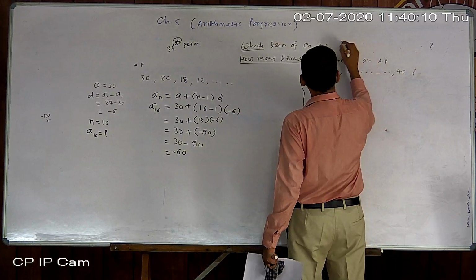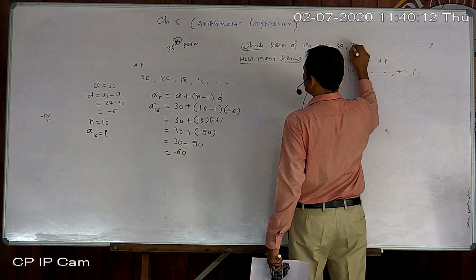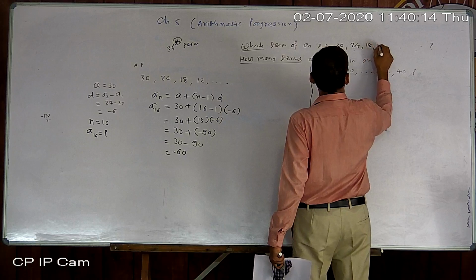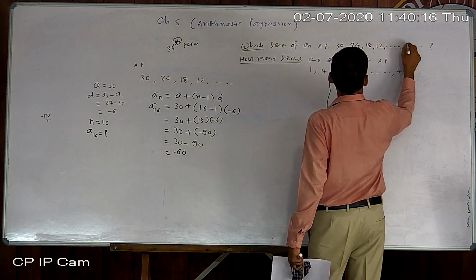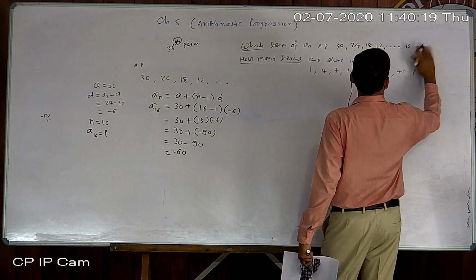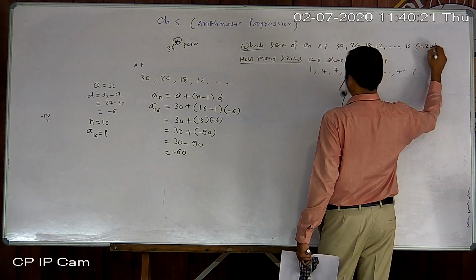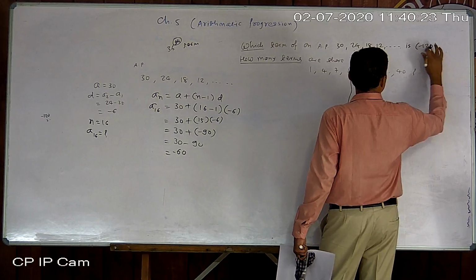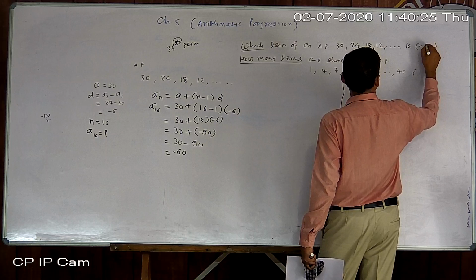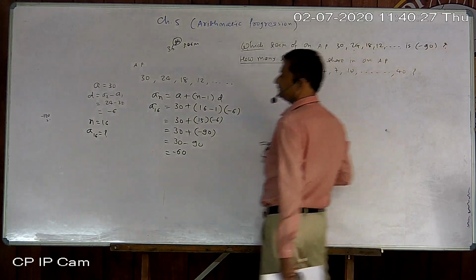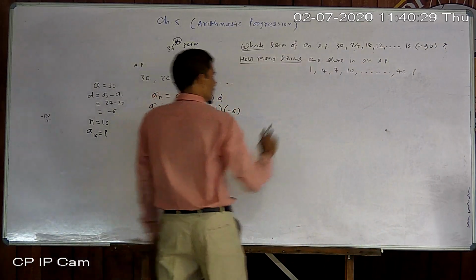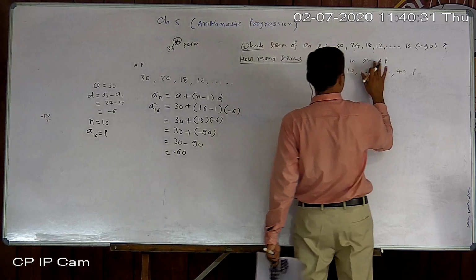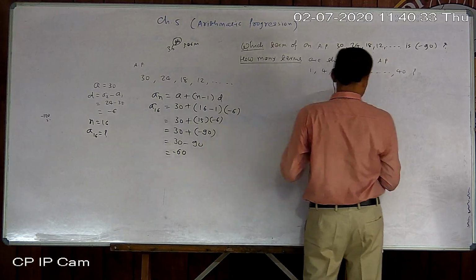Which term of 30, 24, 18, 12 is minus 90? Or how many terms are there in this AP?